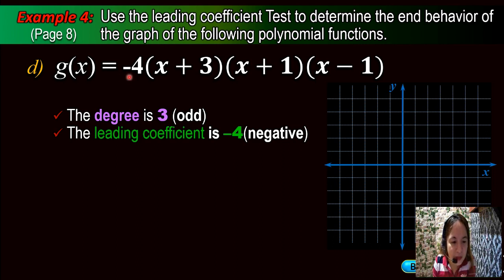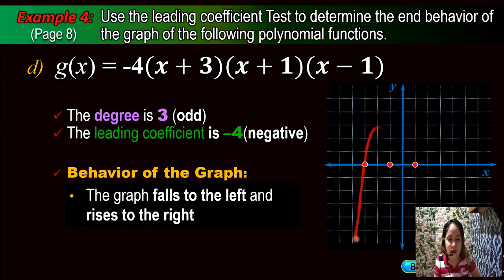Kasi pag minultiply mo yan, negative 4 times x times x times x. The answer is negative 4x cubed. So, negative 4 ang leading coefficient. So, tatandaan nyo, odd negative. So, kapag odd ang degree, tapos negative ang leading coefficient, ano kaya ang magiging behavior ng graph? Rises to the left and falls to the right.